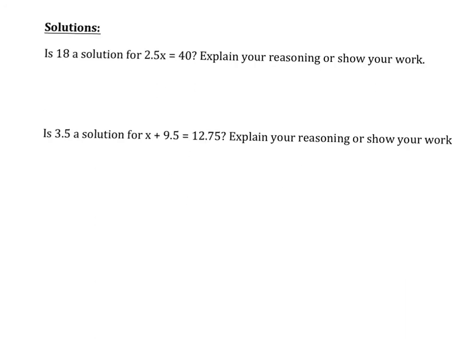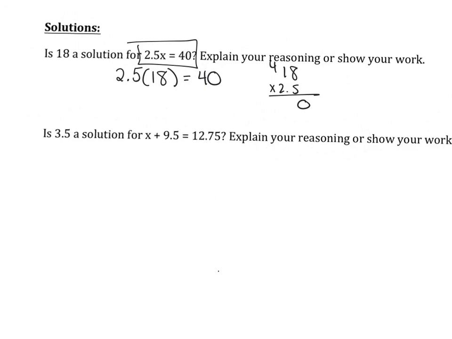So these last problems, we're just trying to determine if a number that's given to us is a solution to an equation. In this first one, they want to know if 18 is a solution to this equation. So we're going to plug 18 in for x and see if it is. When you multiply 18 times 2 and 5/10, you get 8 times 5, which is 40, 5 times 1, which is 5, plus that 4 is 9.